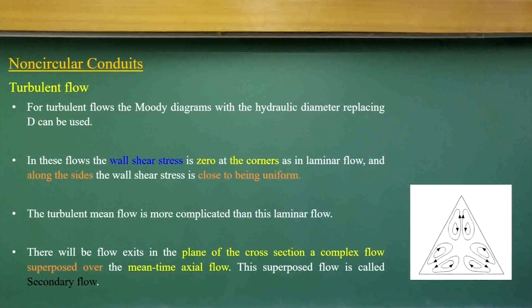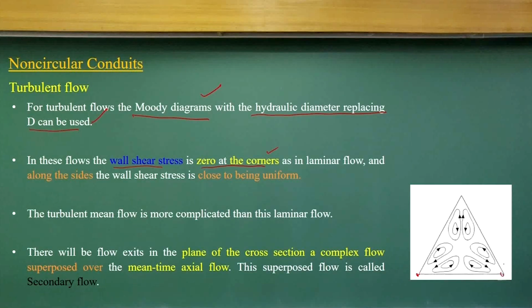Now, if you have turbulent flow, the velocity distribution as well as the wall shear stress distribution changes. Even in the case of turbulent flow, we also use the Moody diagram, replacing D with the hydraulic diameter, to quantify the energy losses.